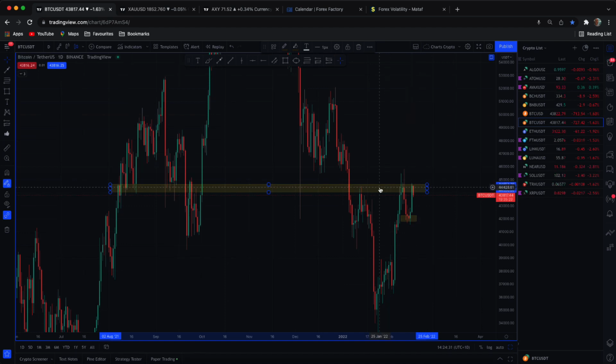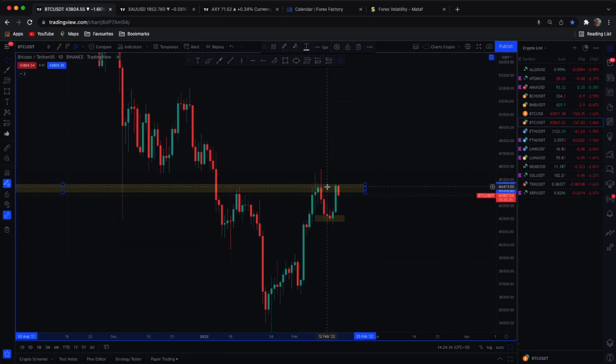In other words, there's going to be a large number of sell orders resting right here. Market trades up and it doesn't have enough buying momentum here to push through. These guys are basically taking profit and unloading, right? Resting sell orders. So we get our level of resistance and the retrace.